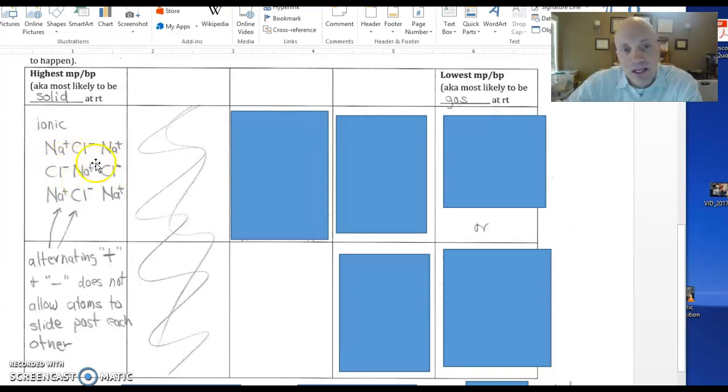Is there anything in this alternating arrangement that would allow any of these atoms to slide past their neighbor? No, I mean, these things are locked in a very stable arrangement. They don't want to move relative to each other. Therefore, you would expect this to be very high melting. You would have to put in a lot of energy to get these things to slide past their neighbors.